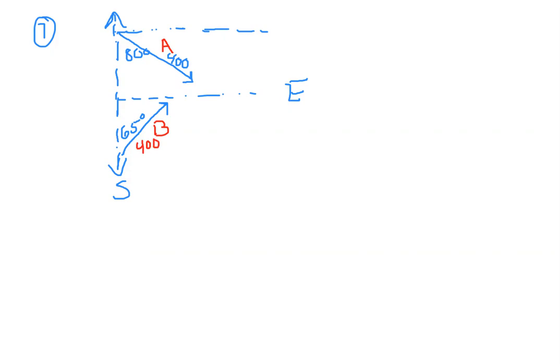Tugboat A, we'll call it V1. It's 400. And what is our angle that we're going to use for tugboat A? We're going to use this angle, because we always go from the horizontal around. So this is going to be 270 plus 80.